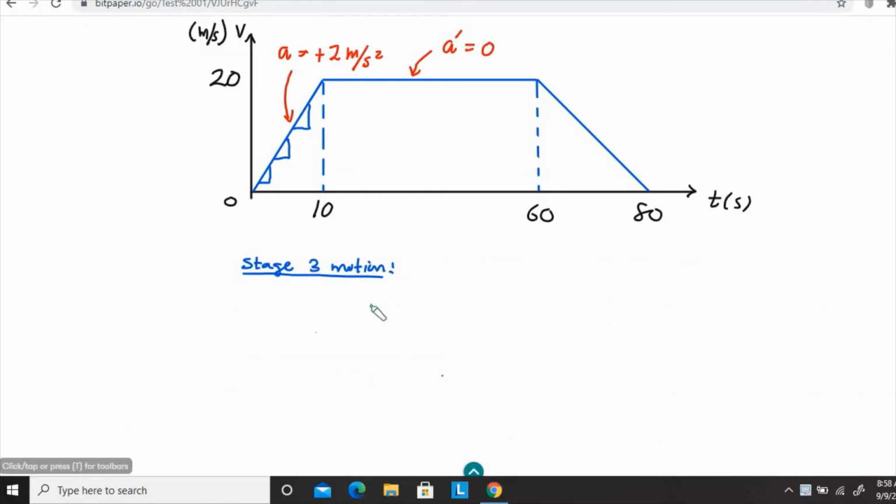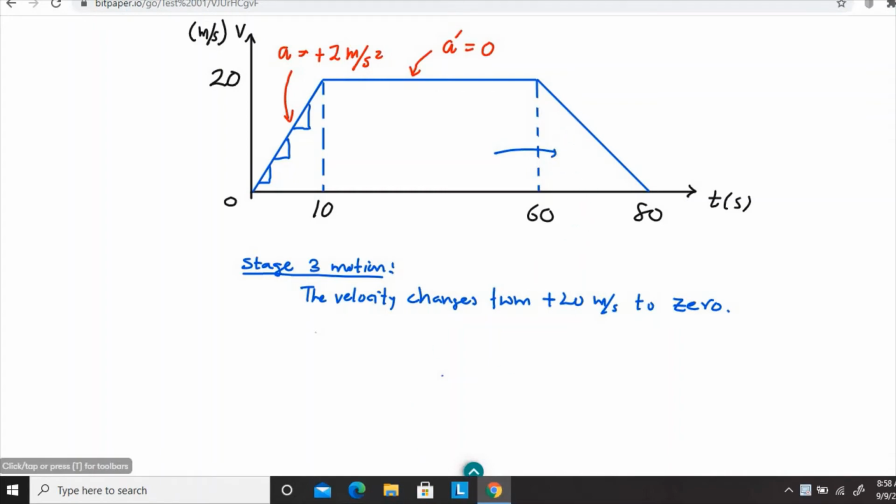Now if we analyze the stage 3 motion, that is this part of the motion, you can see the velocity changes from plus 20 meters per second to 0. So that means there's a slowing down process happening, and this is clearly seen if you look at the slope.